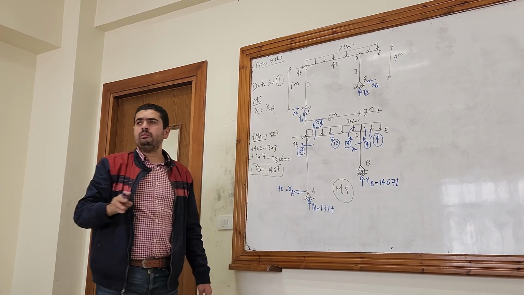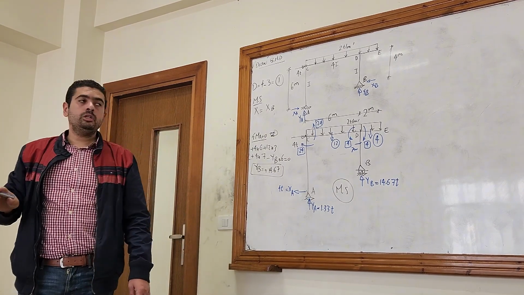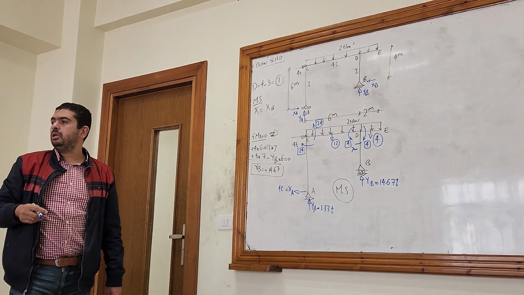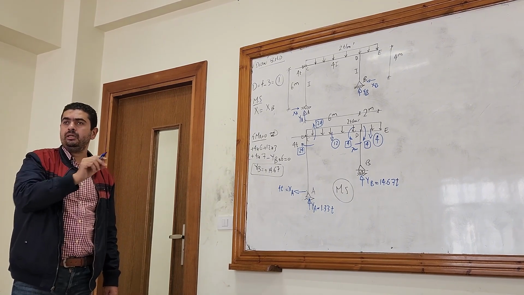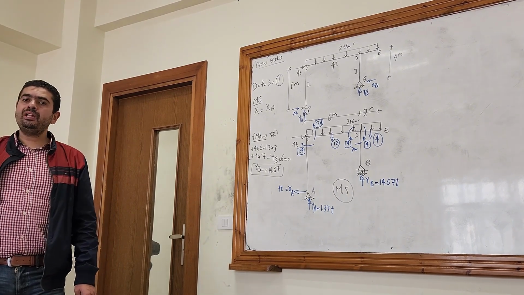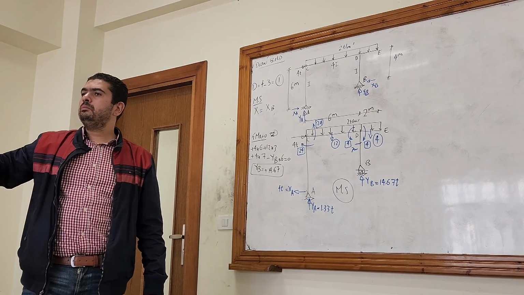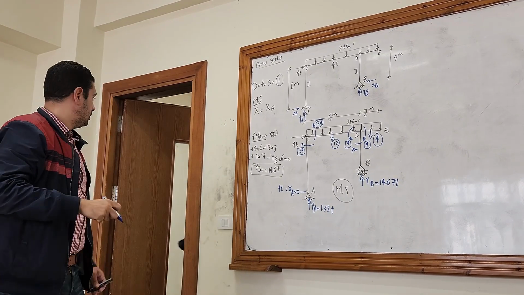Do I need to calculate the moment at any other point? No. For the distributed load, I calculate the moment at the beginning and the moment at the end, then join the beginning and the end and add wL squared over 8.